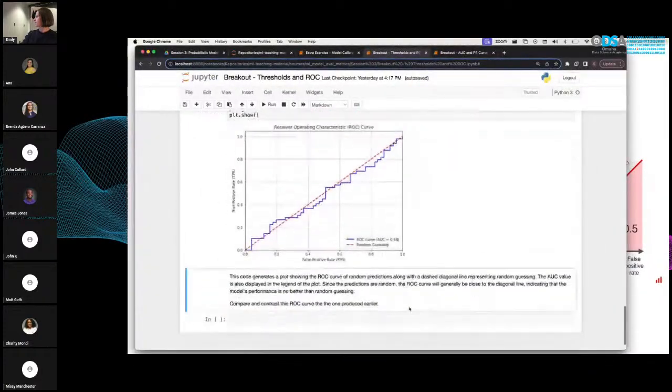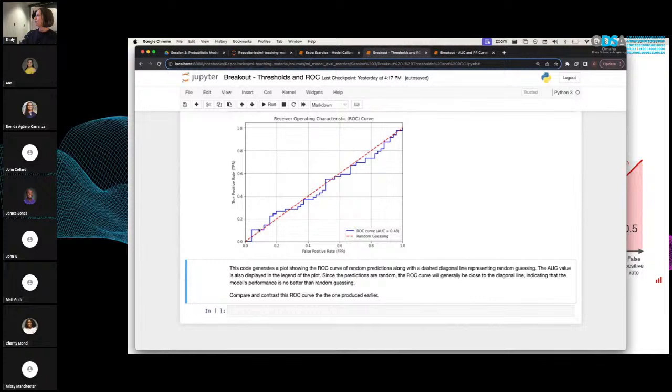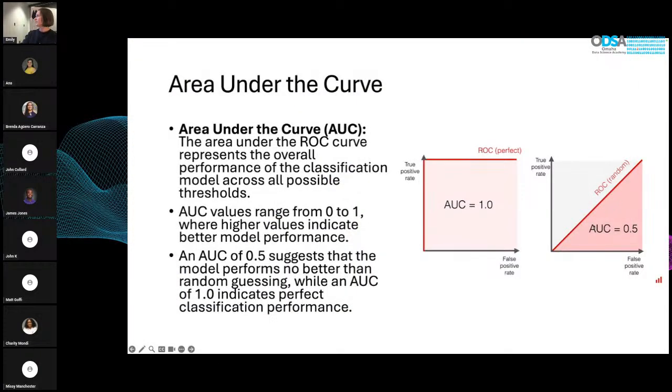So if we look at this blue line here, it would be all of the area underneath this blue line. Everything under here would be colored another color. In this oversimplified example, we have a line that represents random, an AUC of 0.5, which is completely random. That is us just taking a coin and tossing it.